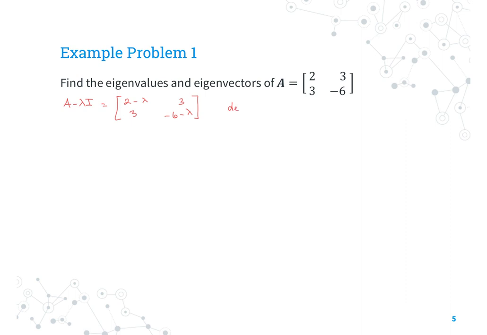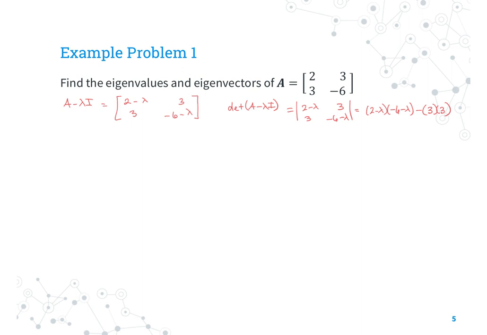And remember, our determinant is the upper left, 2 minus lambda, times the lower right, negative 6 minus lambda, minus the upper right times the lower left, 3 times 3.